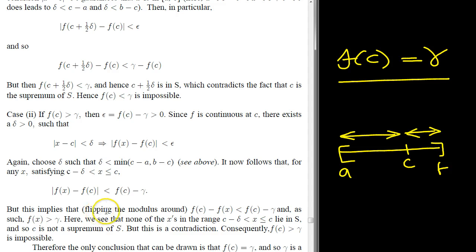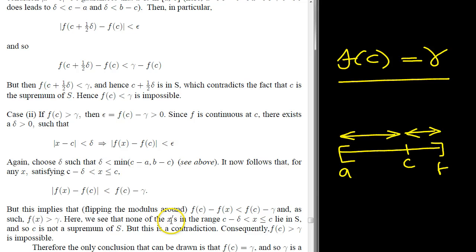But this implies then, flipping the modulus around, so I'm going to write the minus value of this, fc minus fx will still be less than that, because both this value and its minus are less than this when we say the modulus. So we can flip it around and run a minus through it. The fc's cancel, we see minus fx is less than minus gamma, so fx is greater than gamma, which we've got here.